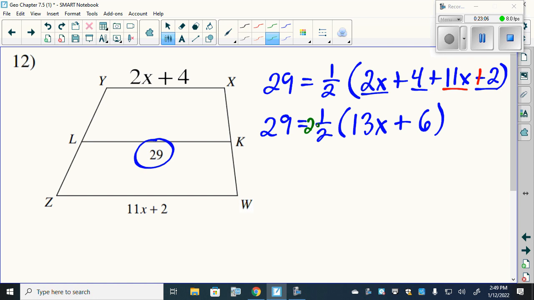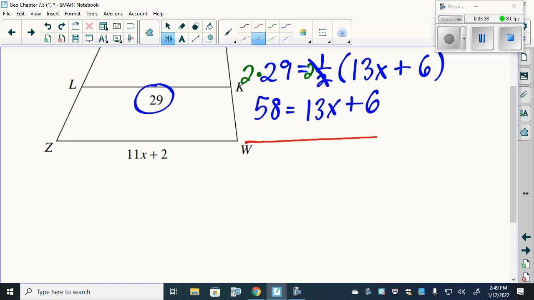We're going to multiply both sides of the equation by 2. So on the left-hand side, we have 2 times 29. And 2 times 29 is 58. On the right-hand side, we now have 2 times 1/2 times the quantity 13x plus 6. Well, 2 times 1/2 is 1. So this simplifies to 1, leaving us with just 13x plus 6.